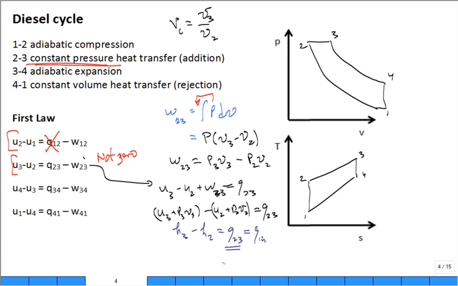All right. The only other thing is for process 3 to 4, it's still adiabatic, but to calculate this work 3 to 4 is equal to the negative of U4 minus U3. And think about specific heats, minus C sub V T4 minus T3. Okay. How do I calculate that T4? How do I calculate that T4?